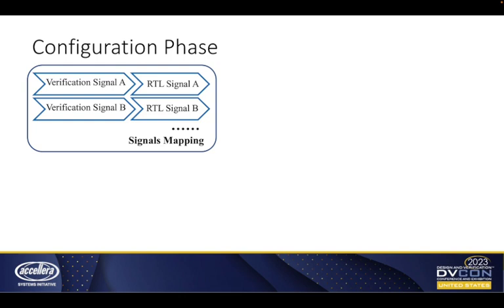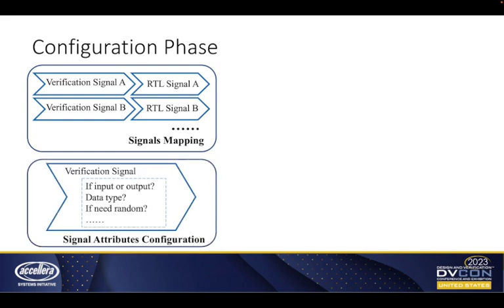Unless the name is too ugly to use, we will still have a chance to customize the verification signal names here. And this verification signal will be used in our test bench.